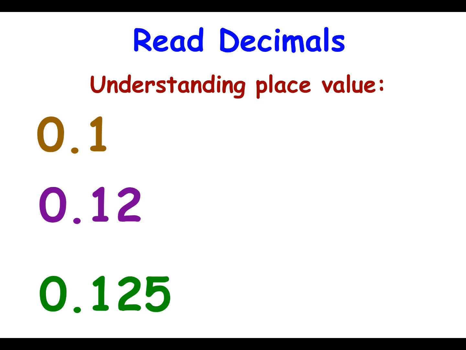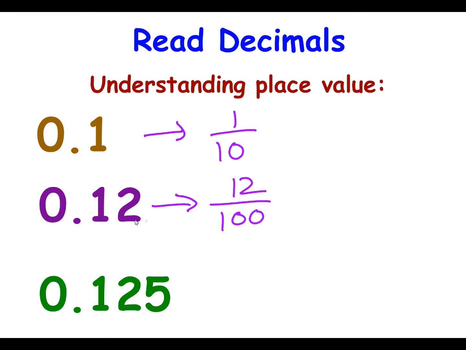So in order to read decimals, what they're alluding to is, do you understand the place values of the decimals? So that 0.1 actually means 1/10. And that the decimal 0.12 means 12 over 100, because there are 2 decimal places. It's 100.